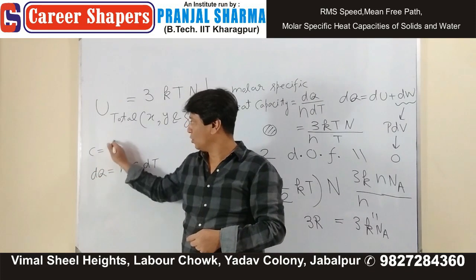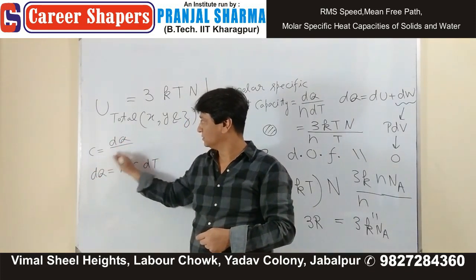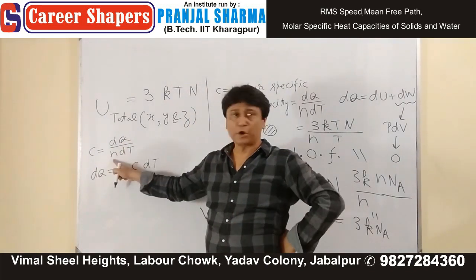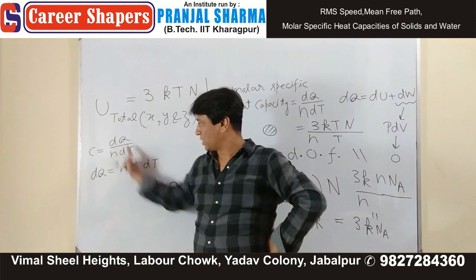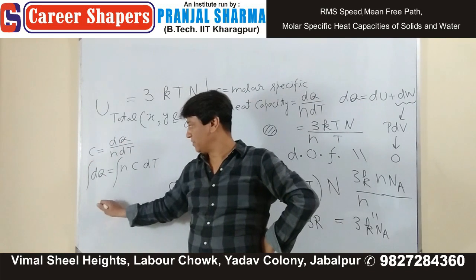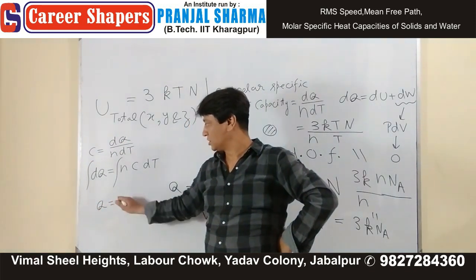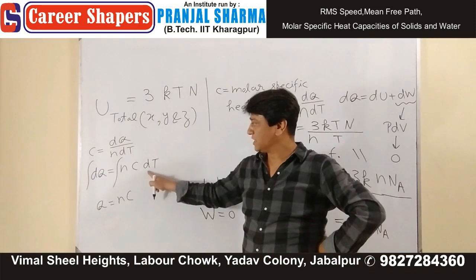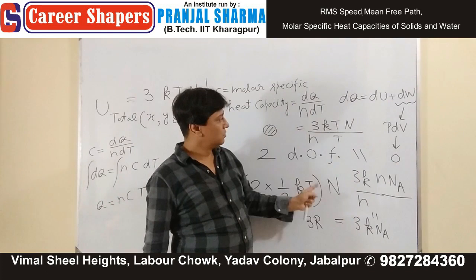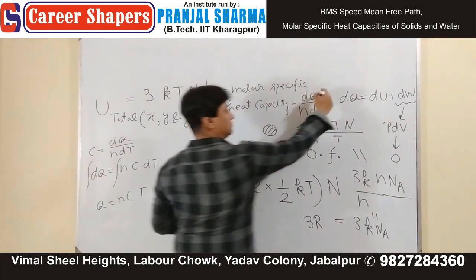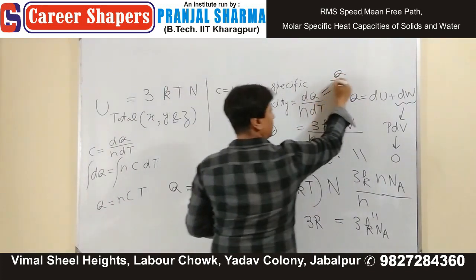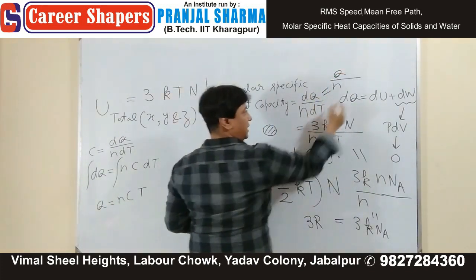We had defined molar specific heat capacity like this: amount of heat supplied per unit mole per unit change in temperature. So I can always write this. If I integrate, what is the integration of dq? Q. n is a constant, C is a constant. So what is the integration of dt? T. That's what I have done. This dq is basically q after integration, and dt after integration is T.